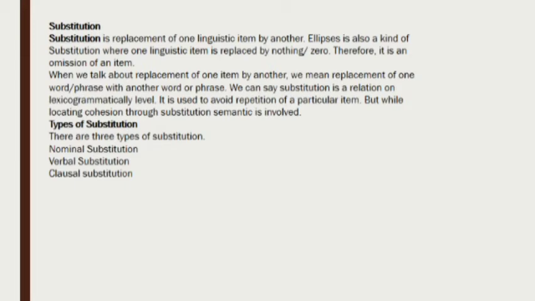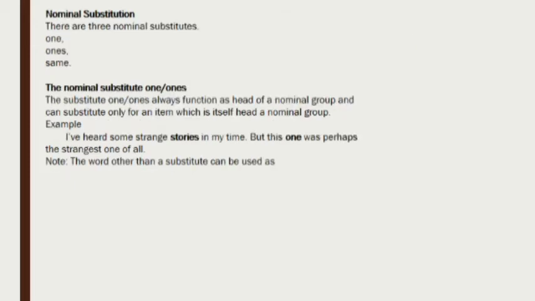There are three types of substitution. First is nominal substitution, second is verbal substitution, and third is clausal substitution. For nominal substitution, there are three nominal substitutes: one, ones, and same.